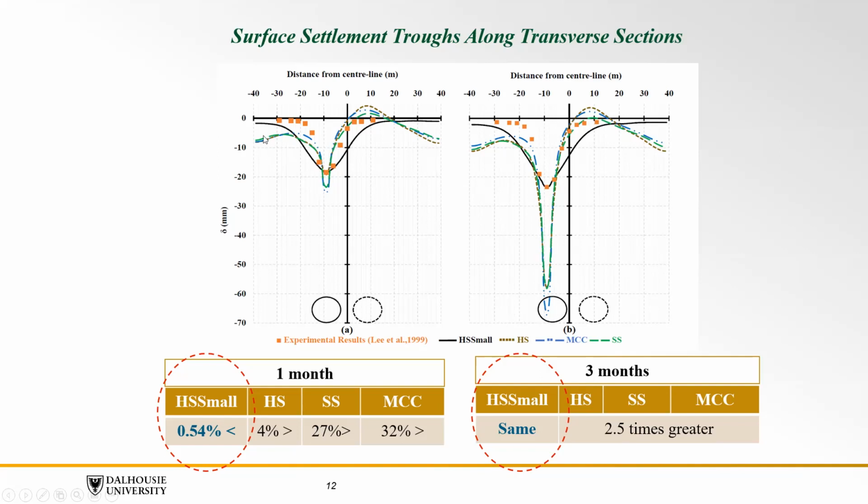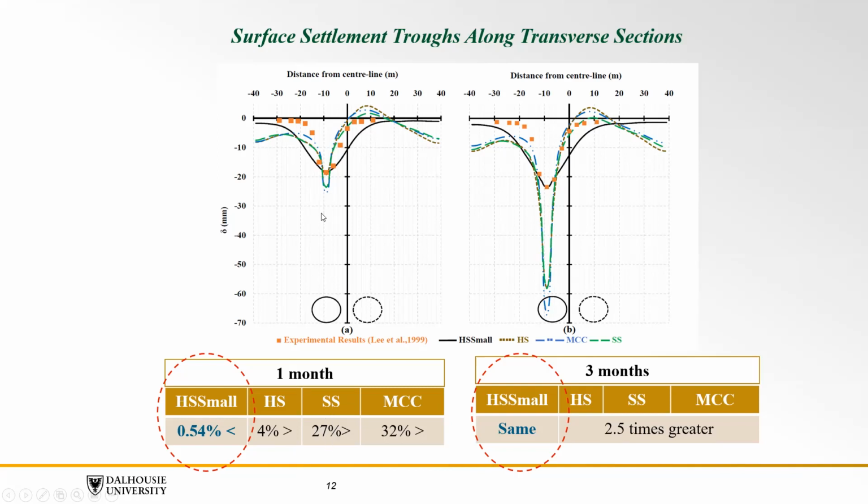As we can see here, the best one that mimicked the performance of the settlement trough is the hardening soil model with small strain. After 1 month, the predictions were within less than 0.5%. After 3 months, same. However, for the 1 month, the hardening soil model was 4% maximum.